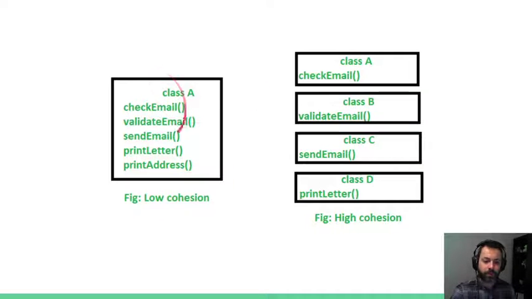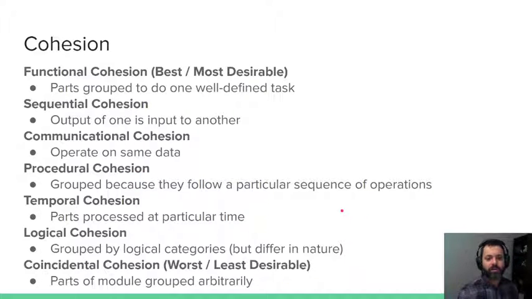If I have to make a change, there's a good chance I have to update everything in this class. Break them apart, have them do separate things. More highly cohesive. So the point is, if you see a module that's doing too much, try to break it apart. And again, we have different levels of cohesion.